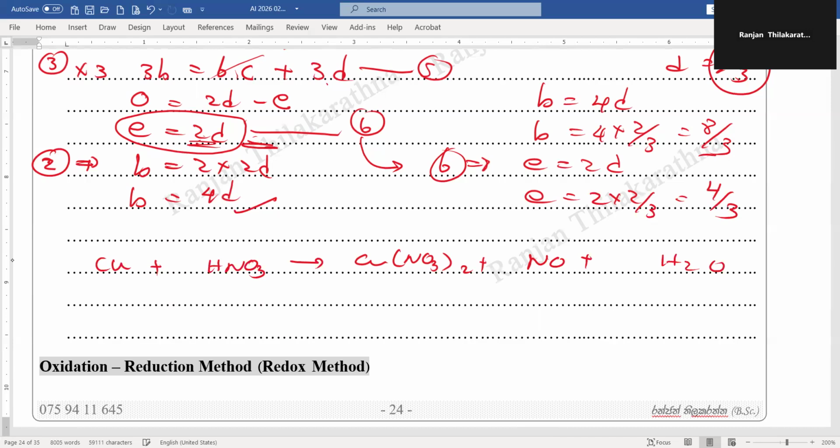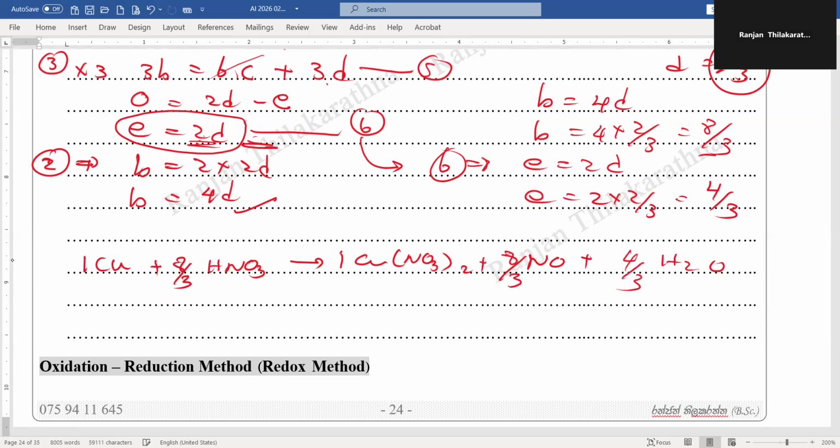The numbers here: A equals 1, B equals 8 by 3, C equals 1, D equals 2 by 3, E equals 4 by 3.